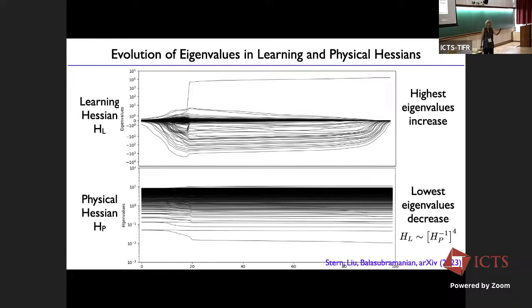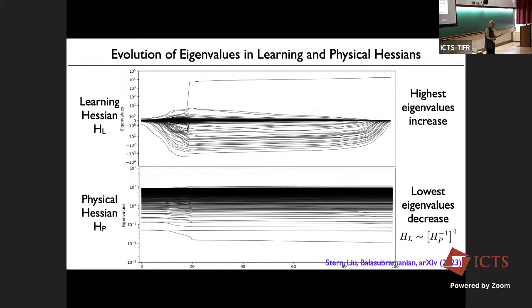The direction of lowest curvature in the physical landscape around the minimum corresponds to the direction of highest curvature in the learning landscape around the minimum. So I guess maybe that's the idea, that the highest one is the most constrained in the learning landscape. In the physical landscape, the way you get that is by developing a mode that's more floppy.